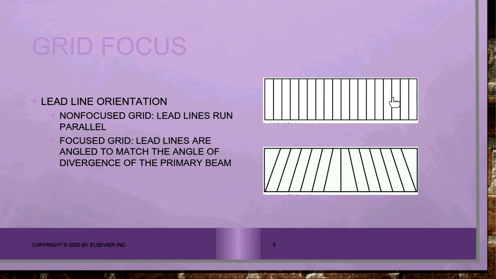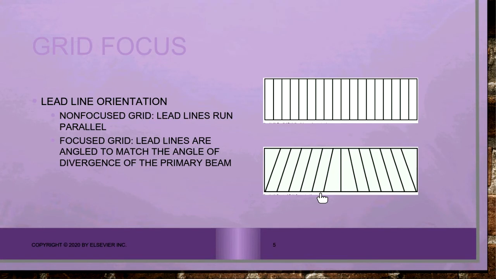And then this one is considered a focused grid. With this, the lead lines are angled so that it matches the divergence of the primary beam. A focused grid is typically what we use so that the lead lines match the divergence of the beam, which allows us better scatter cleanup on our image.